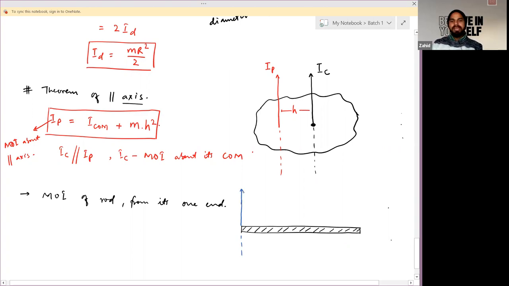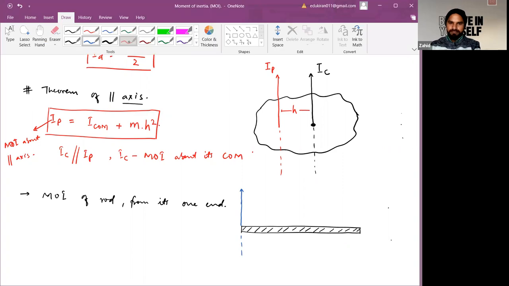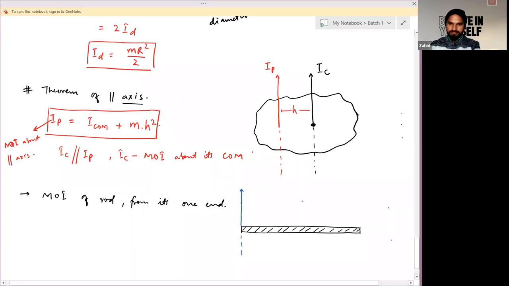Now try to define an axis about its center of mass. It will be along this. So this will be moment of inertia about center of mass. Is it clear?